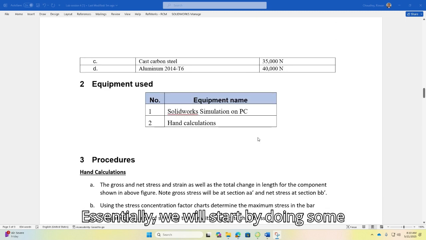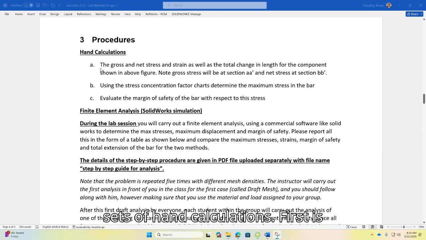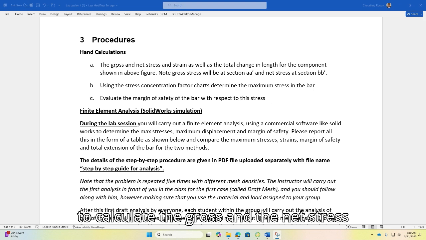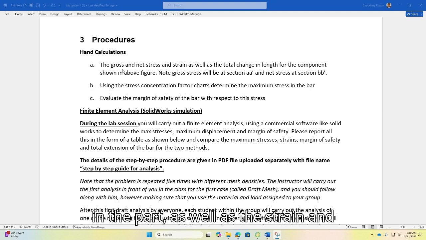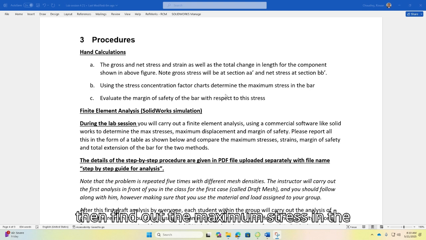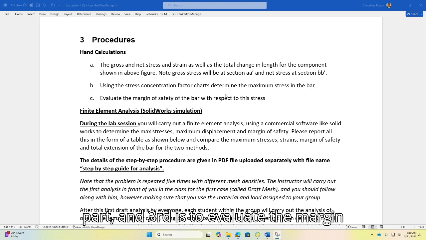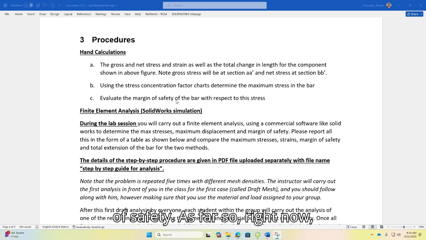Essentially, we'll start by doing some hand calculations. So there are three sets of hand calculations. First is to calculate the gross and the net stress in the part, as well as the strain and the total change in length. Second is basically to find out the stress concentration factor from a chart and then find out the maximum stress in the part. And third is to evaluate the margin of safety.